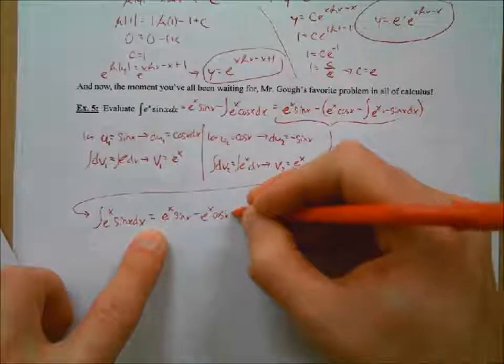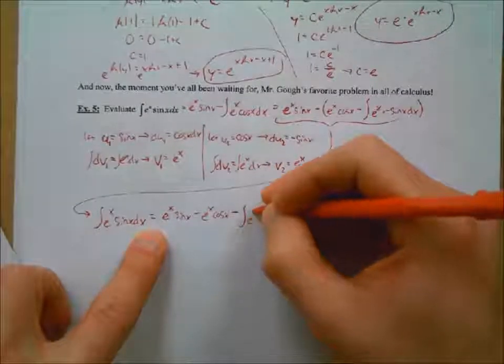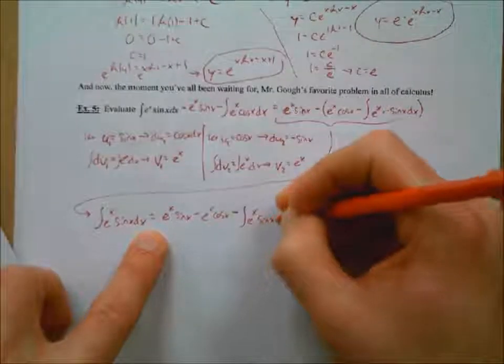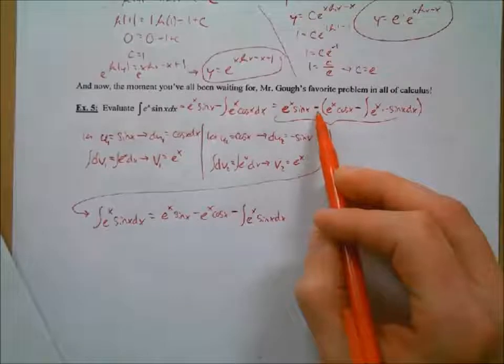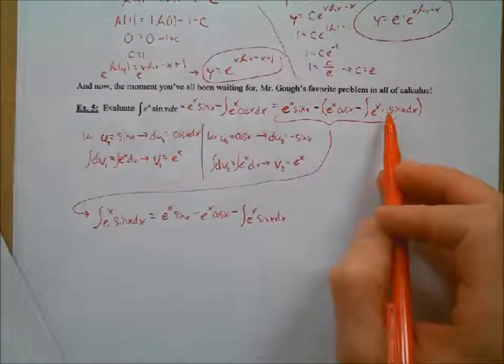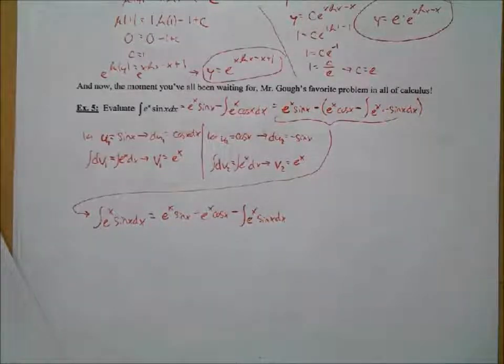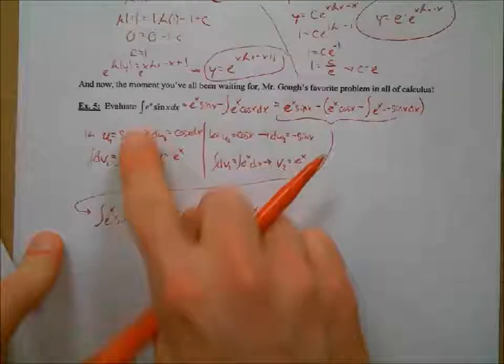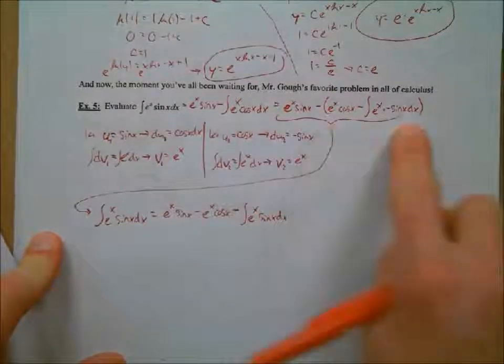So it's going to be minus the integral of e to the x sine of x dx. Again, the minus in front of the parentheses would distribute to this minus and make it plus, but because the sine is negative, overall it's going to be minus the integral e to the x sine x dx. Okay, so there is what we started with and where we are right now.